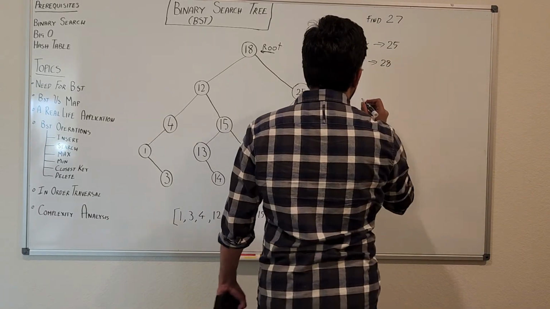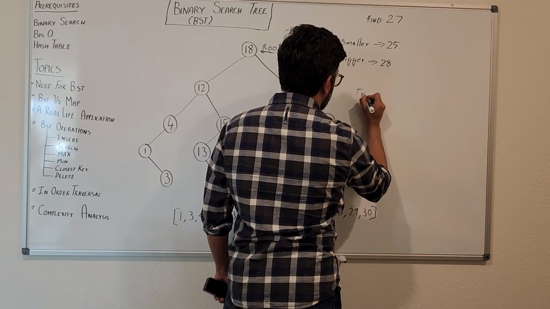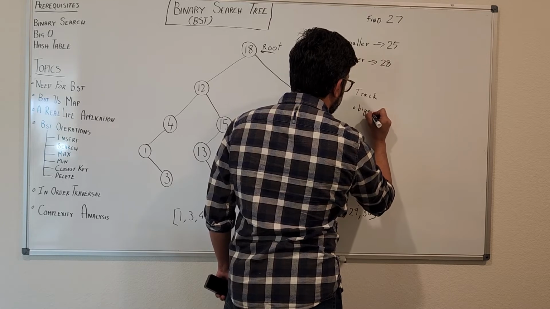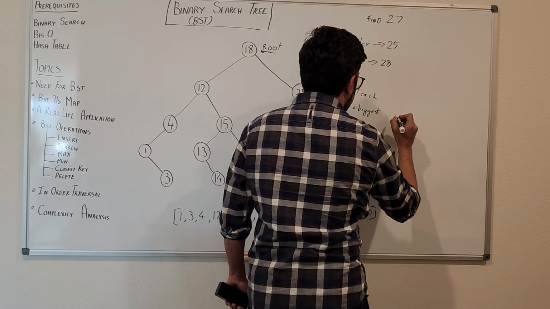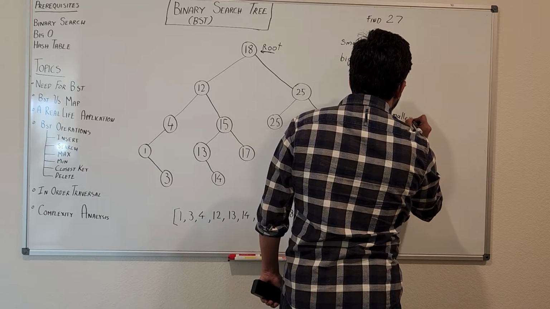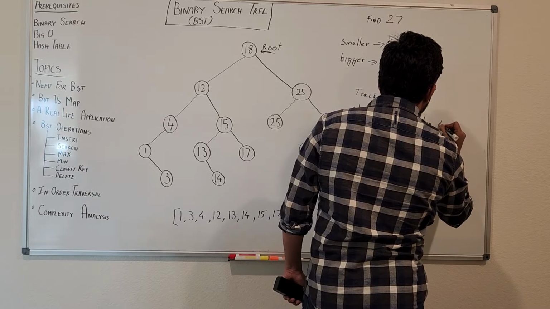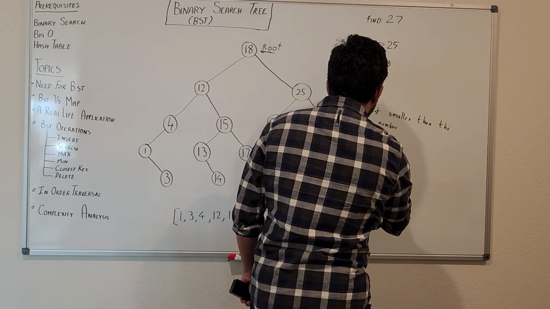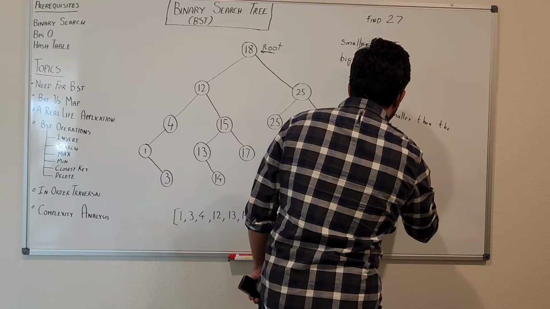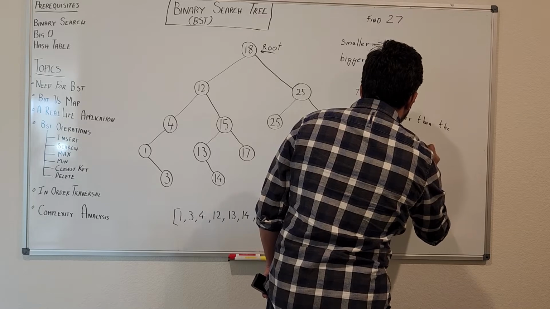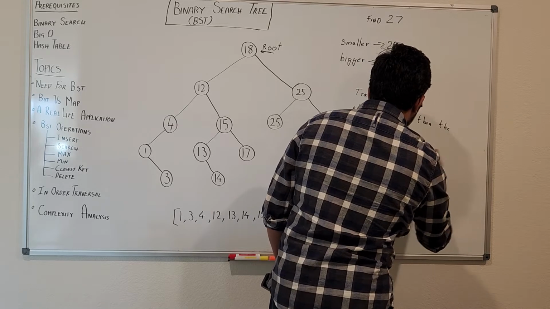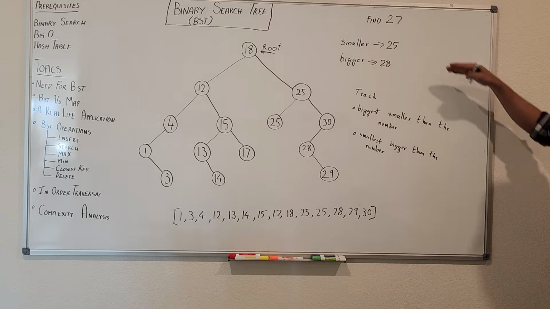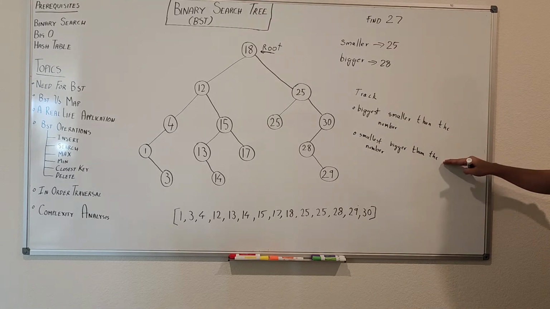So again, let me write it down. What you do is you track these two elements: the biggest smaller than the number, which is 25, the biggest smaller than 27, and the smallest bigger than the number.